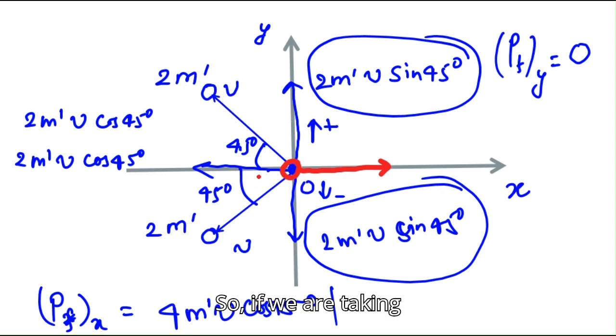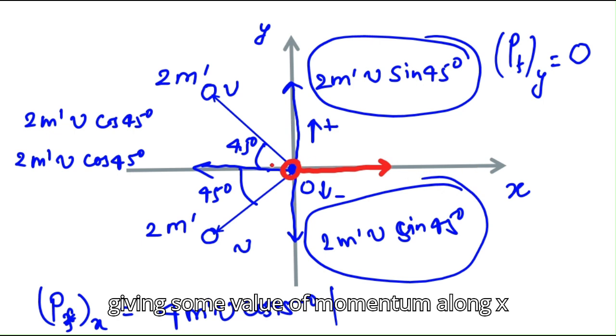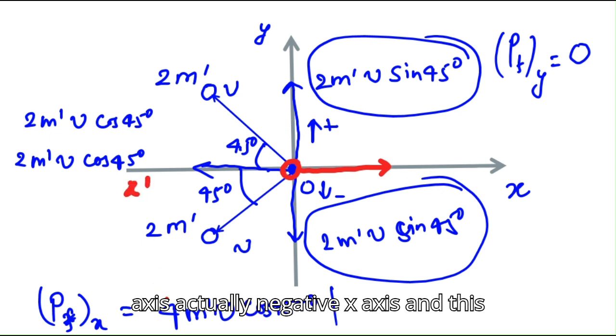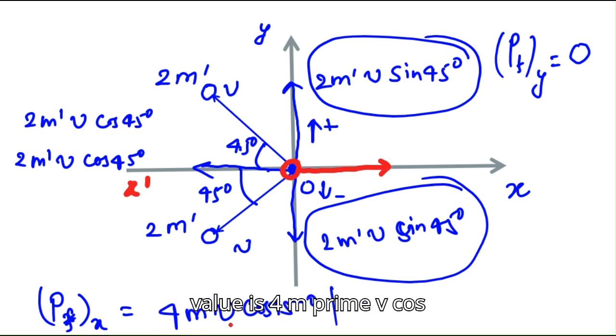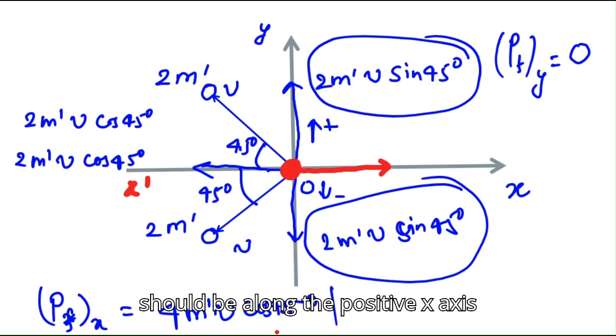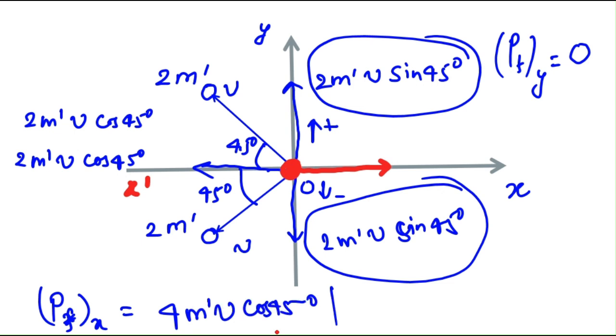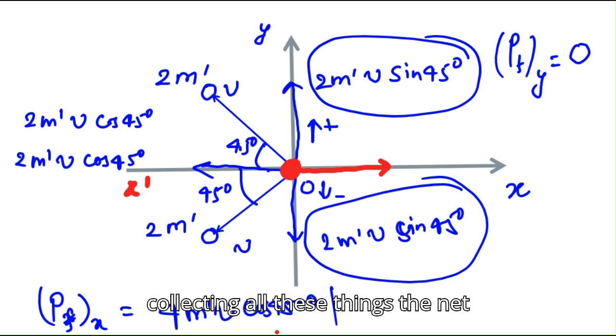These two fragments have net momentum 0 along the y-axis, but they give some value of momentum along the x-axis, actually the negative x-axis, and this value is 4 m prime v cos 45 degrees. So the momentum of this third fragment should be equal to 4 m prime v cos 45 degrees, but along the positive x-axis, equal in magnitude but opposite in direction, so that after collecting all these things, the net momentum equals 0.